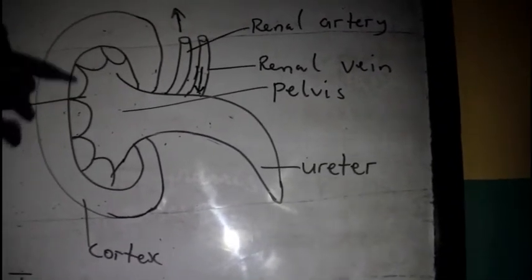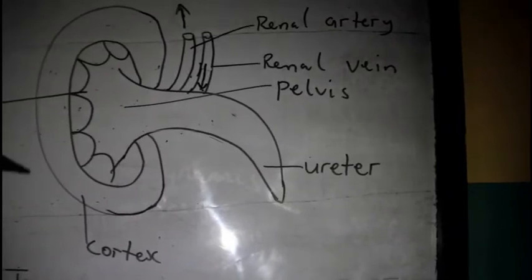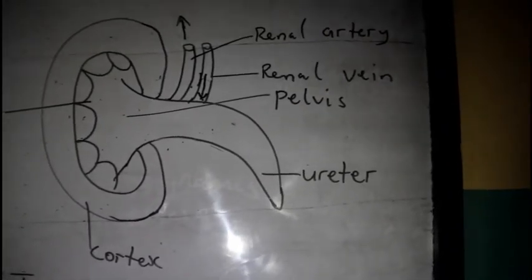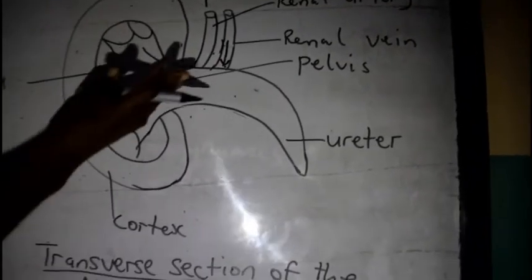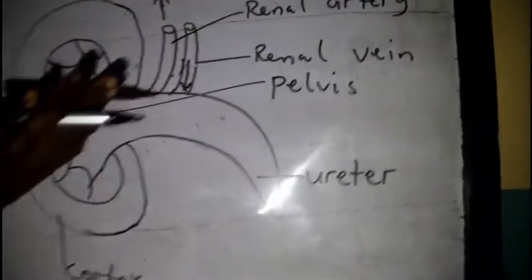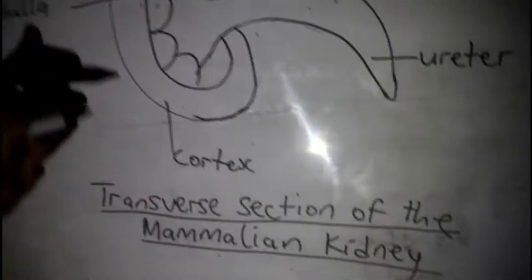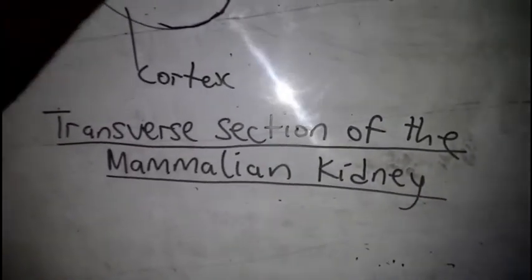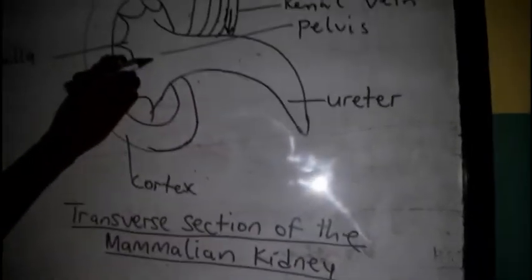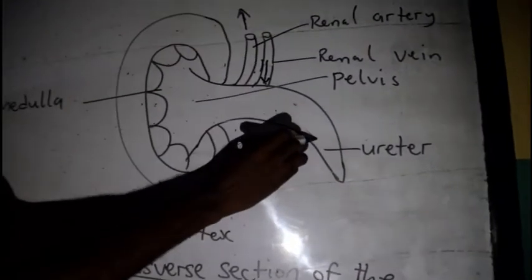So blood enters the kidney, and now let me explain what happens. When blood circulates in the body, it is carried to the liver. From the liver, it is sent to the kidney. And what the kidney does is to filter this blood of impurity. So when impurities are filtered, the waste products will now be sent to this renal artery.